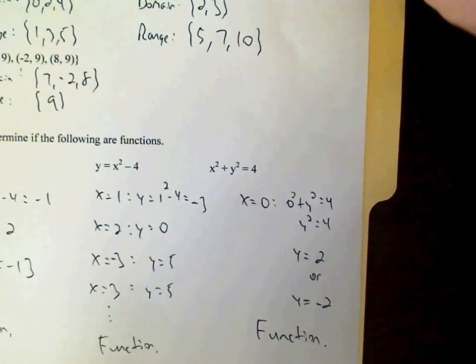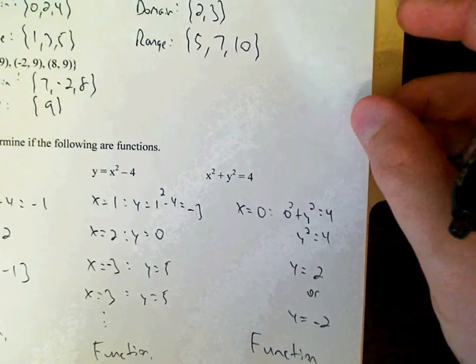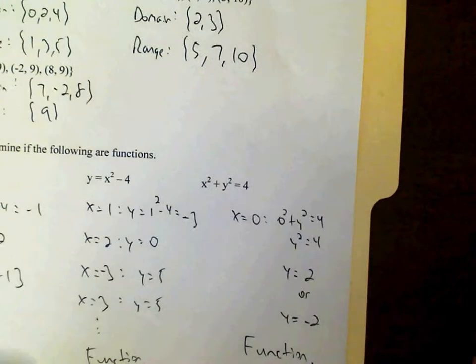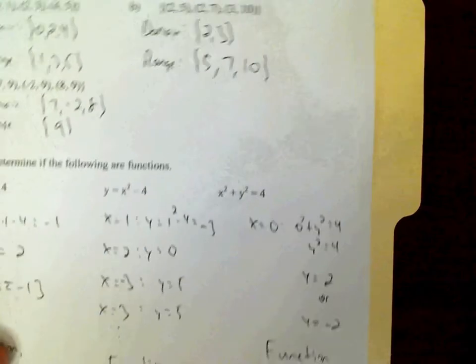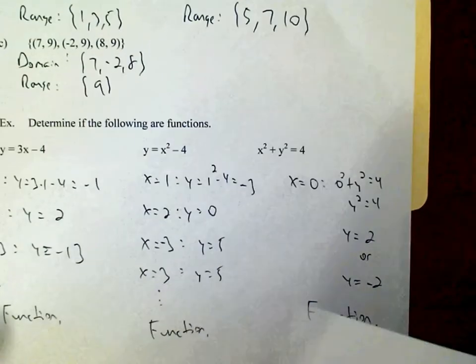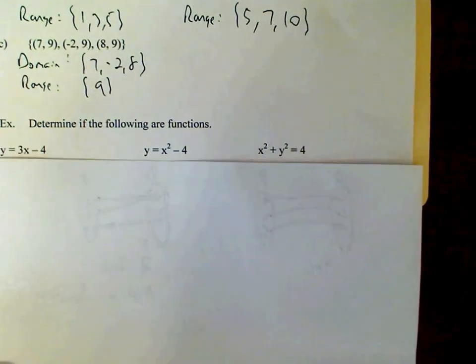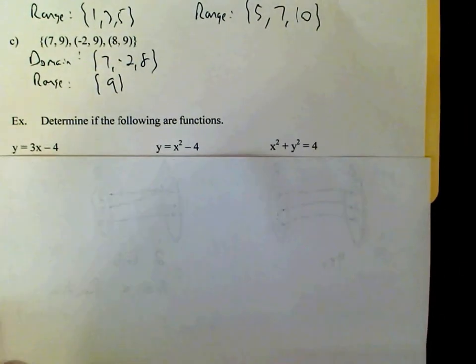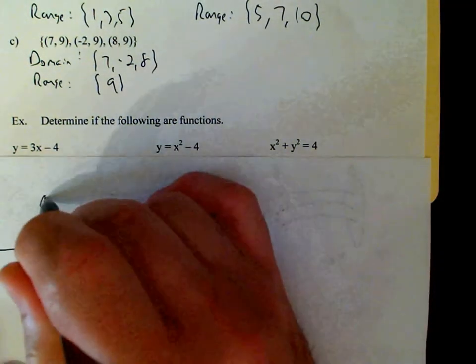But now I'm going to show you the easier way. I may come back to these to give you an idea of what's really going on, and an easier way to do it. In fact, I'm going to go ahead and graph a couple of these. I'm going to graph y equals 3x minus 4, because we can graph that one quickly.